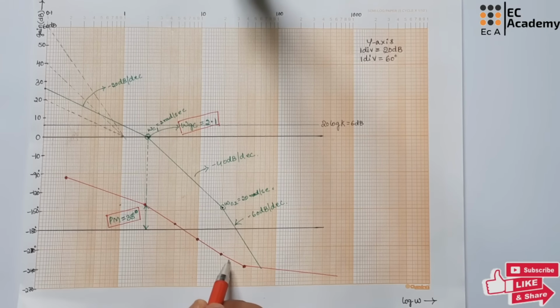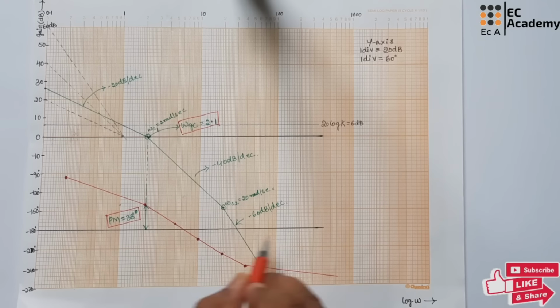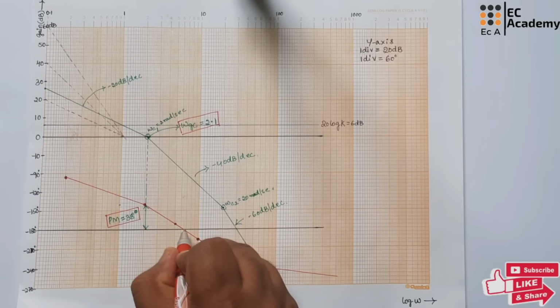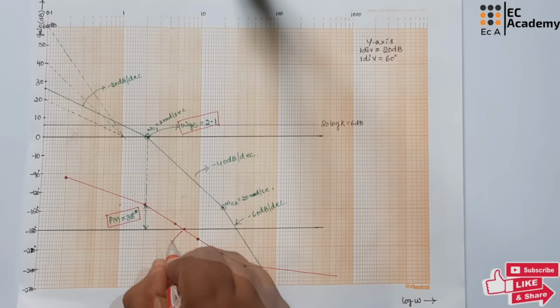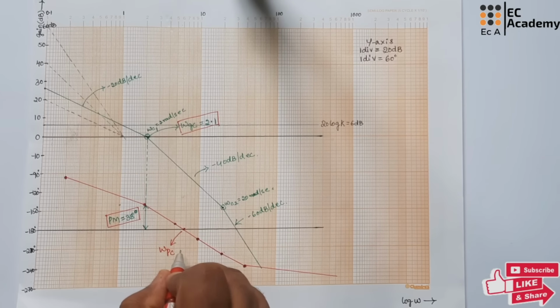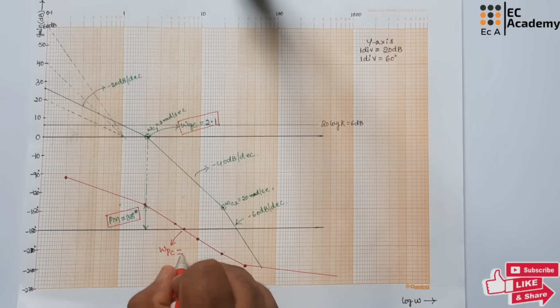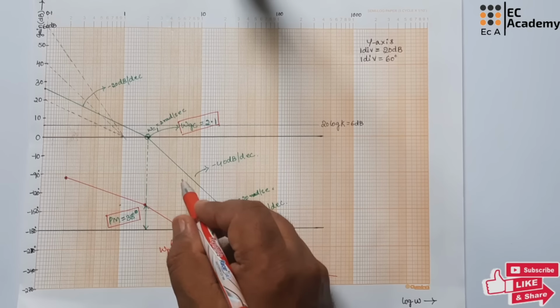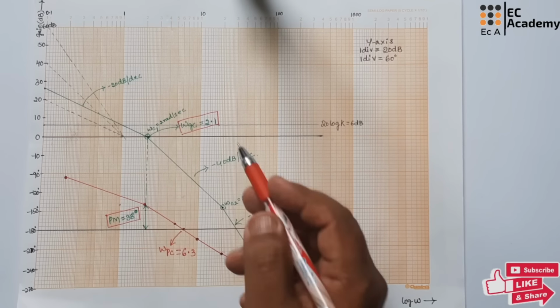Now this phase plot will intersect the reference line, which is minus 180 degree at some point, and this value is known as the phase crossover frequency. So we got this value as 6.3 radians per second. Now from this point we need to draw a straight line towards magnitude plot.